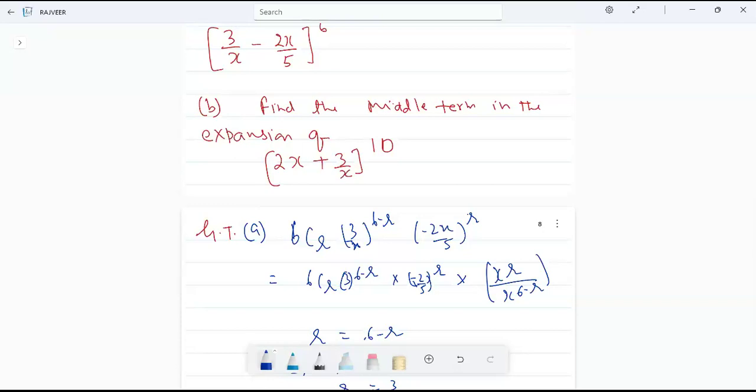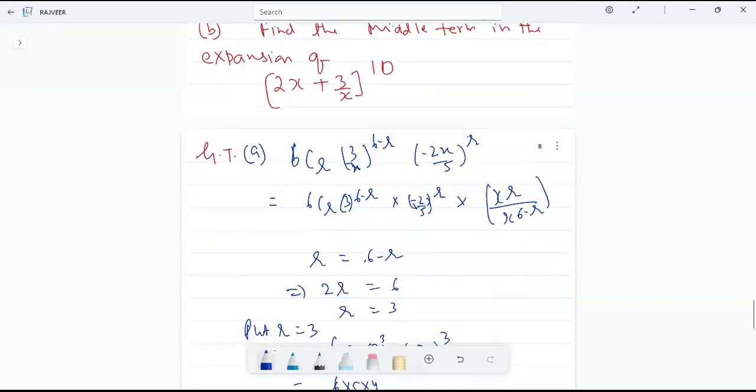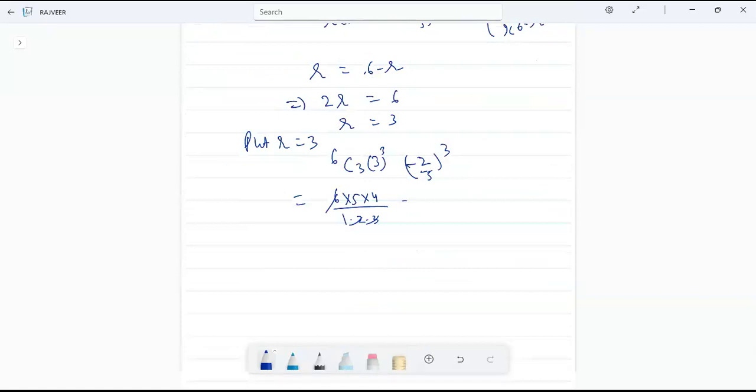It's minus 2x to the power r, and here it is 3 over x to the power 6 minus r. To find the value of r, we equate the power of x from the numerator as well as the denominator. So here it is minus 8 over 125, whatever comes, minus 160 over 125. This will be the coefficient.